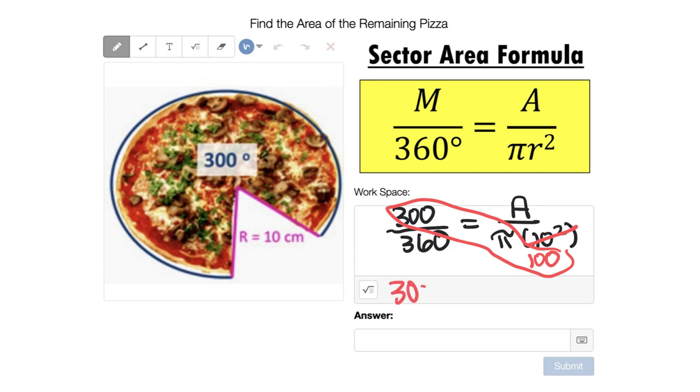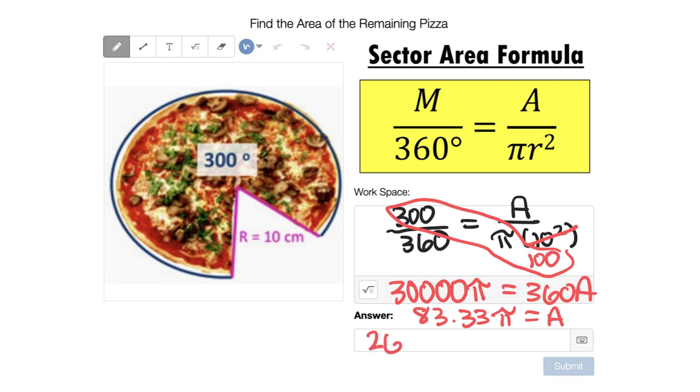So we have 30,000 pi equals 360A. When we divide, we get 83.33 pi equals A. Multiply by 3.14, and you should get about 261.66 centimeters squared. Don't worry about including the units. I know they're hard to type.